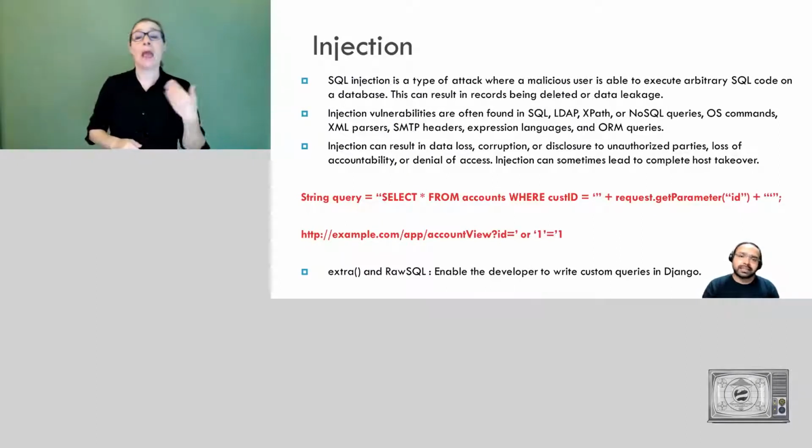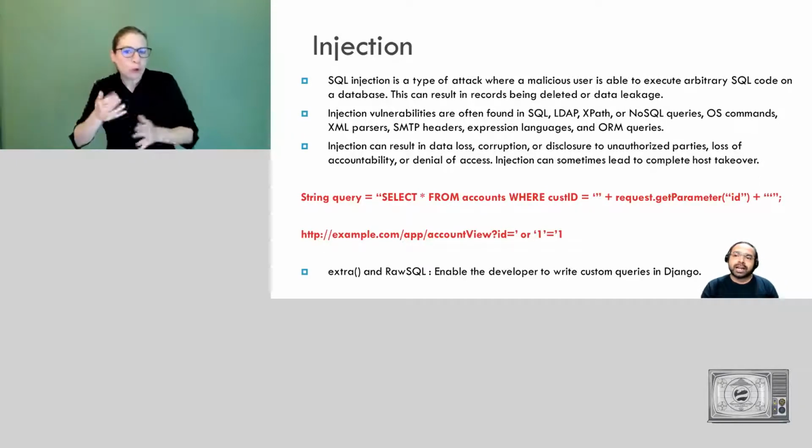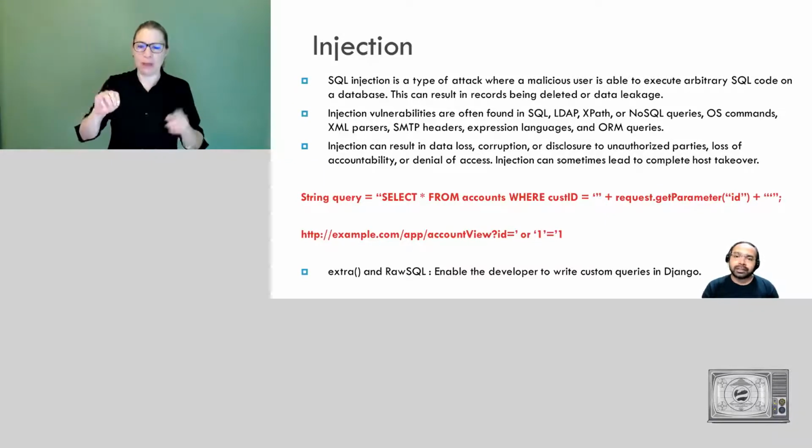Now, injection is the most common type of attack, where a malicious user is able to execute arbitrary SQL code on a database. So this can result in records being deleted or data leakage. Injection vulnerabilities are often found in SQL, LDAP, XPath, or even NoSQL queries, in XML parsers, in SMTP headers, and so on.